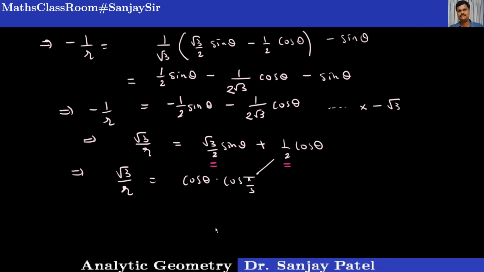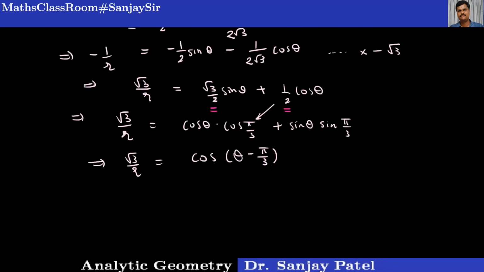And this plus sine theta, and root 3 by 2 I am replacing by sine pi by 3. So we have that formula cos theta cos pi by 3 plus sine theta sine pi by 3, which you can write as root 3 by r is equal to cos of theta minus pi by 3.